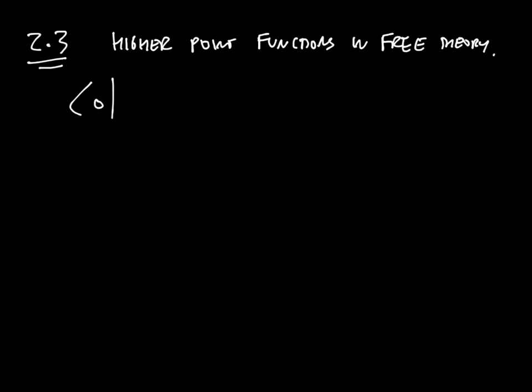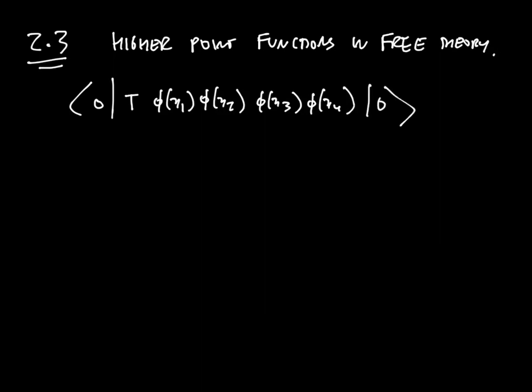Suppose you want to compute the time-ordered correlation function of phi of x1, phi of x2, phi of x3, and phi of x4. Okay, so you want to compute this object. Just like before, what we do is take multiple functional derivatives of Z of J. Previously, we took 2. This time, we will take several.